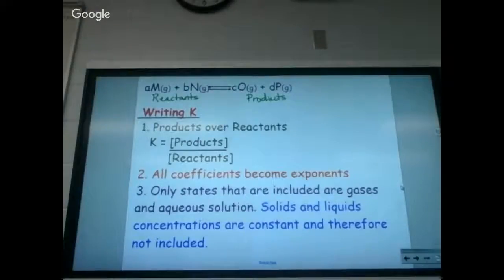Only states that are gases and aqueous are included. Solids and liquids are constant. Their concentrations don't change, and therefore, we mark them out.